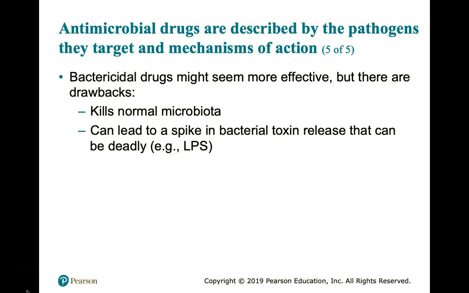They can't say, okay, this one's good, this one's bad, and separate them out. What they do is they look for a target, and if that cell has a target, they're going to do their job. Whether it's our normal microbiota or the pathogen, either way, the antibiotic is still going to do its job.